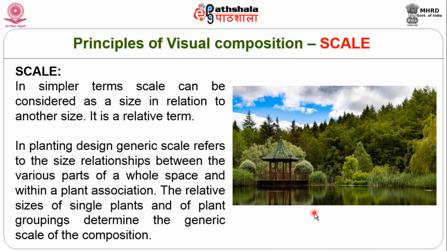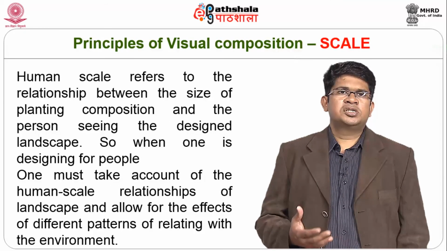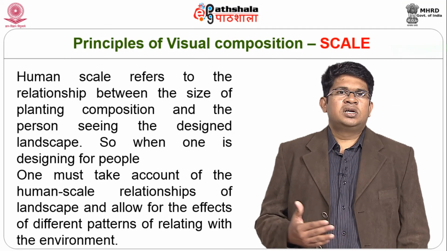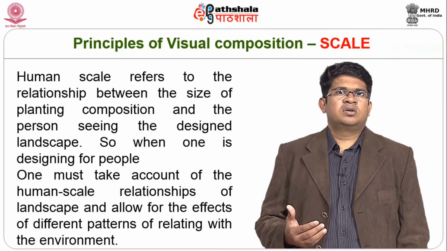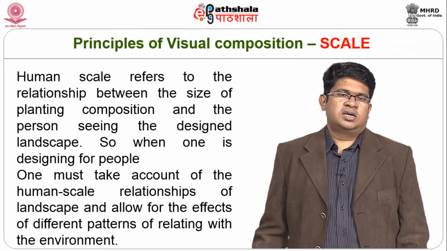So the relative size of single plants and of plant groupings determine the generic scale of the composition. So what kind of plants do I use, and what scale of plants, and how do I relate? In the earlier picture, one could see a very gradual gradation of the scale of the plants from the lowest to the highest as such.